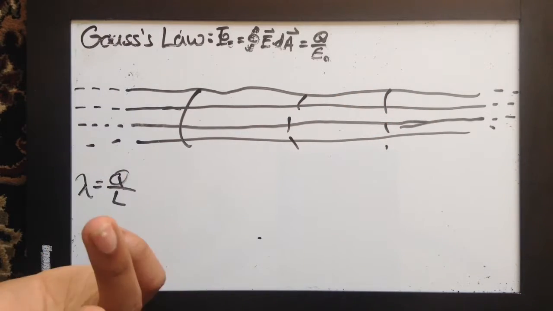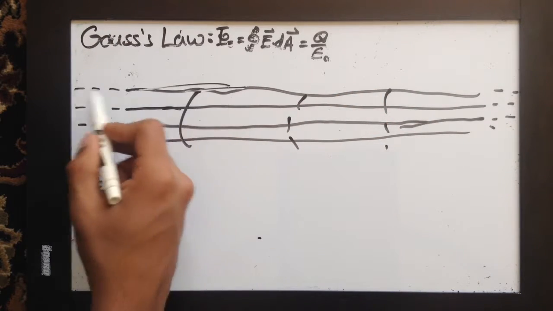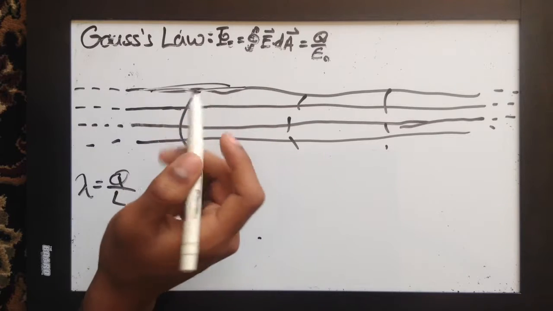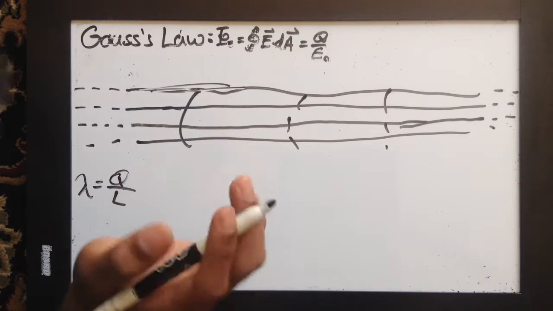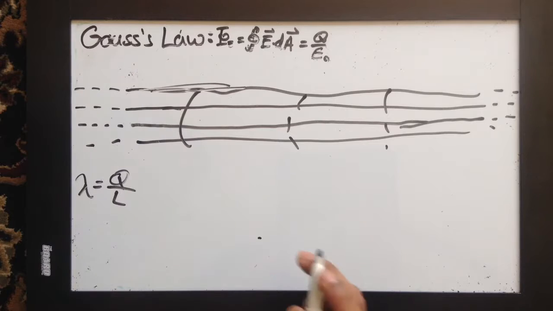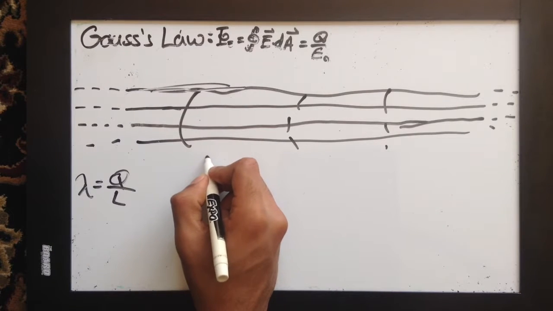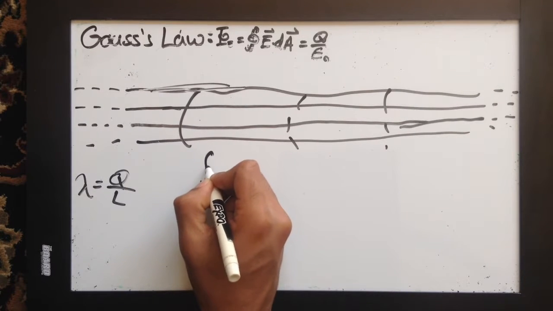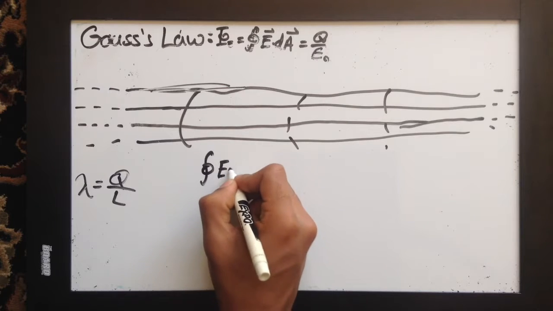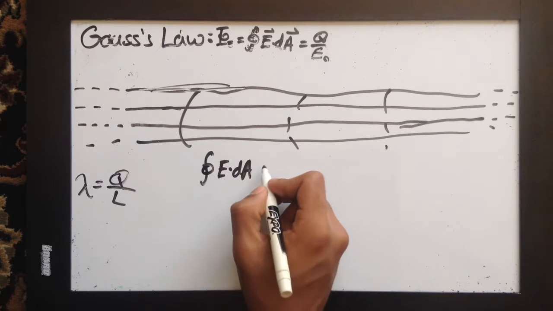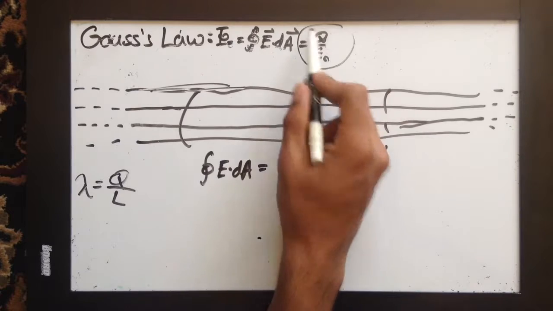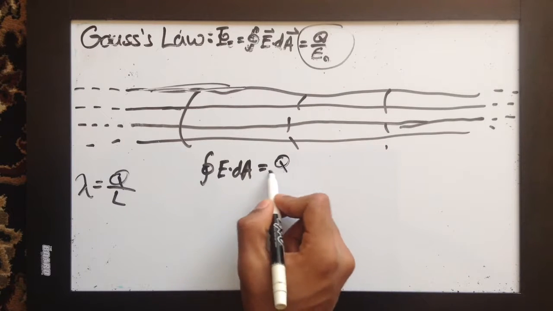It doesn't look much like a cylinder, but it's a cylinder. And so now we can use Gauss's law to find what the E field is. So flux is the surface integral of E dot dA, and we know that's equal to Q over epsilon naught.